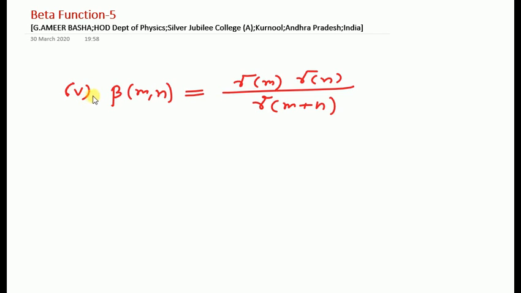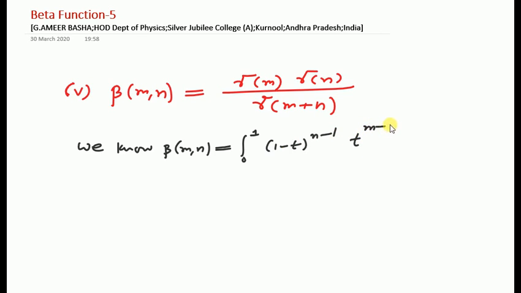So first we'll take the definition of beta function. We'll start from here. So we know beta mn will be equal to integral 0 to 1 of (1 minus t) whole power n minus 1 t power m minus 1 into dt.